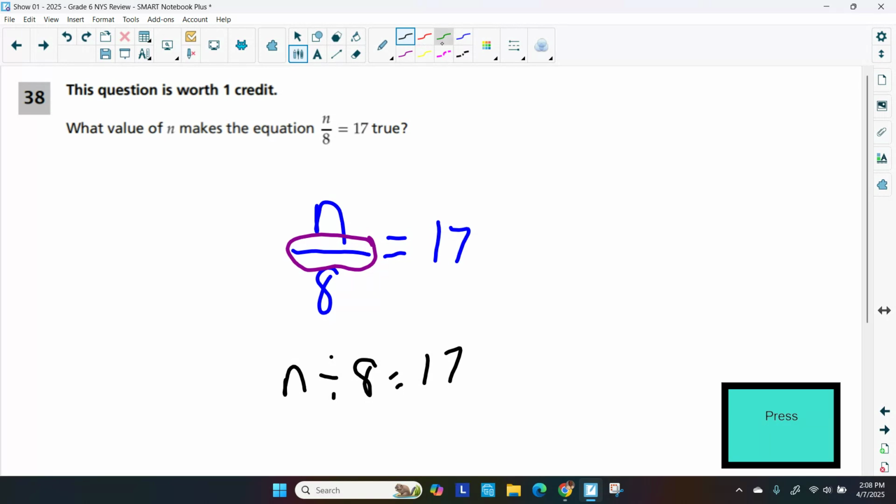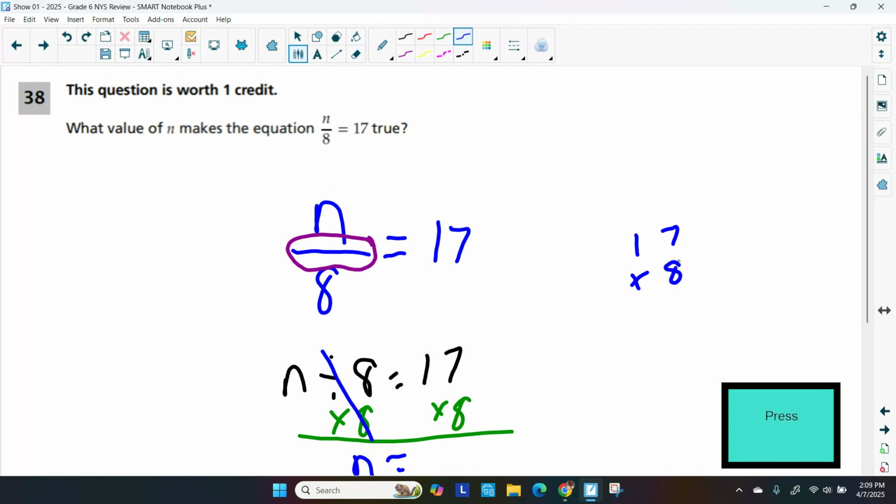So let me do the opposite of the divided by 8, which is multiplied by 8. And that'll get me out of the division, so I don't have that. So my n will equal 17 times 8. So let me go over here.